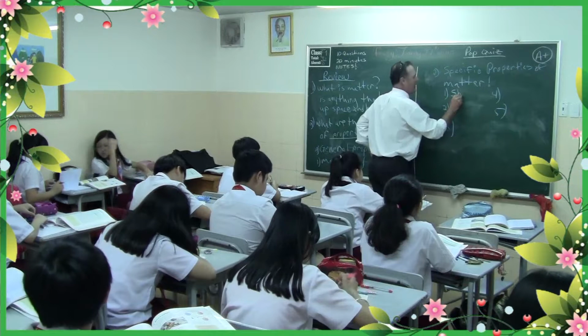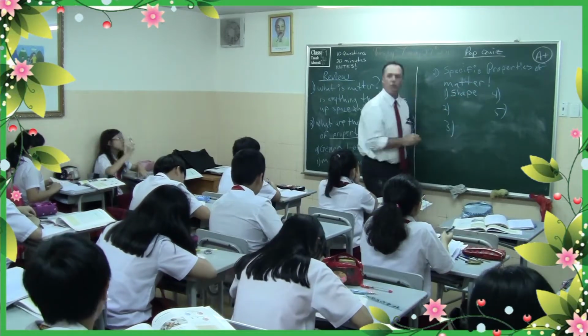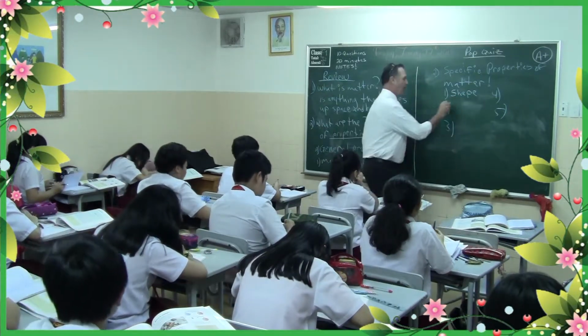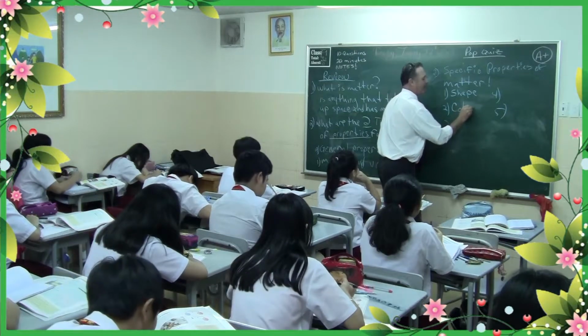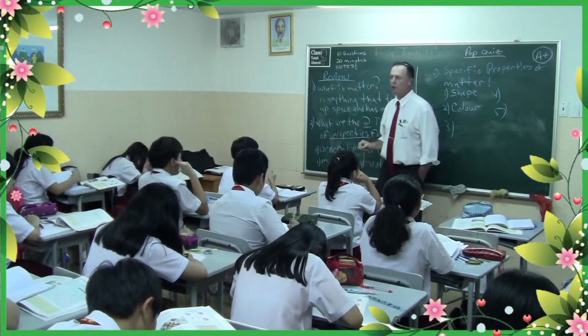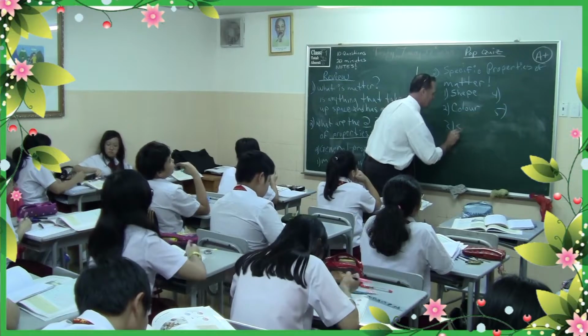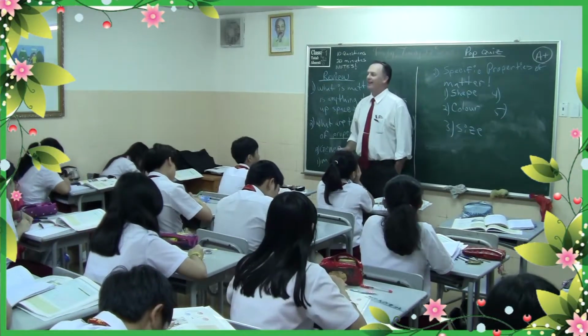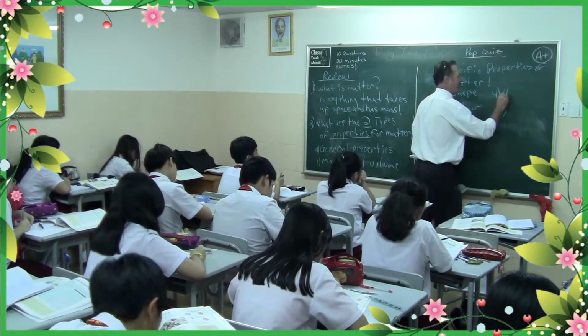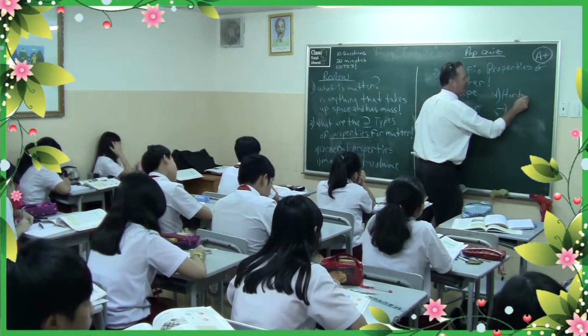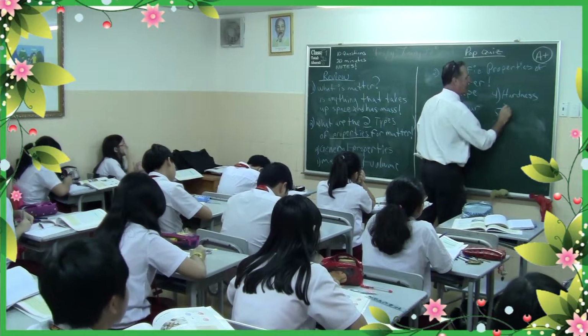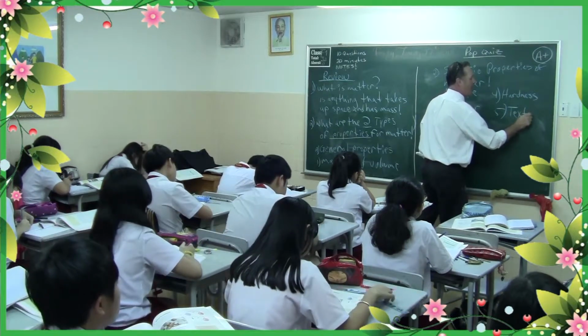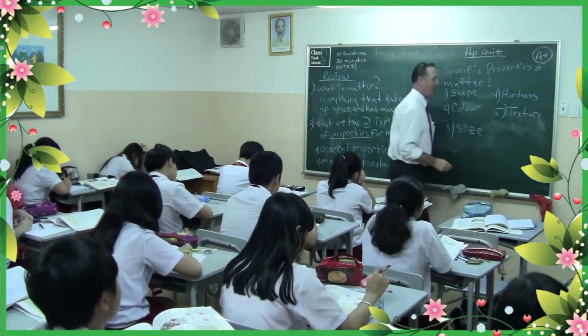Excellent. Color. We've got shape, color. And I'm going to write it the British way, right? Colour. Size. Last two. Hardness. Right on. Hardness and texture. Perfect. That's what I'm talking about.